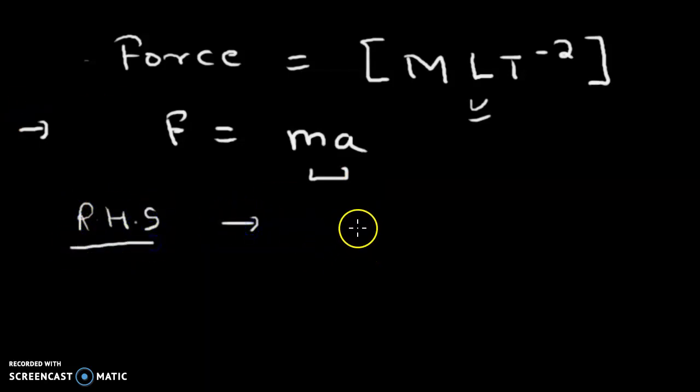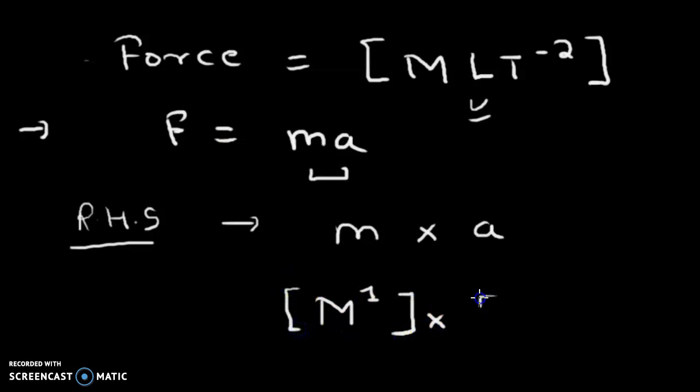First one is mass into acceleration. So I just segregate them. For mass it is M to the power 1. For acceleration, the unit is meter per second square. So meter is for length, per second square means second to the power minus 2.